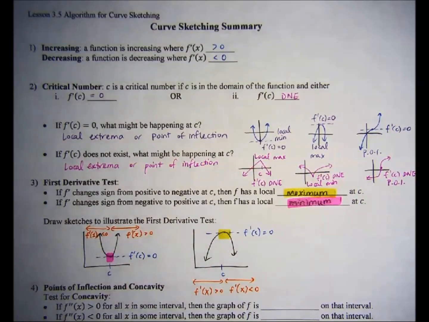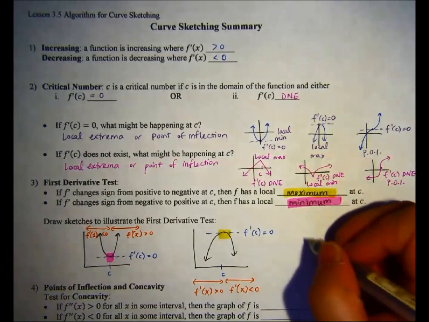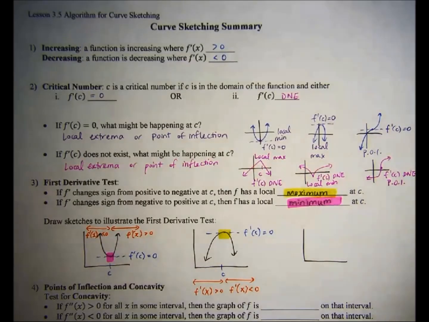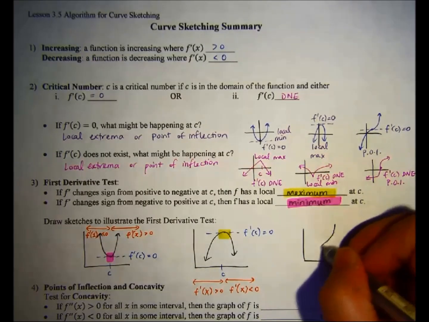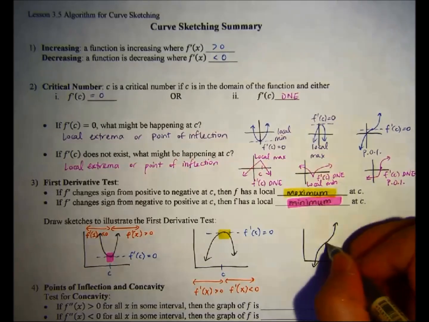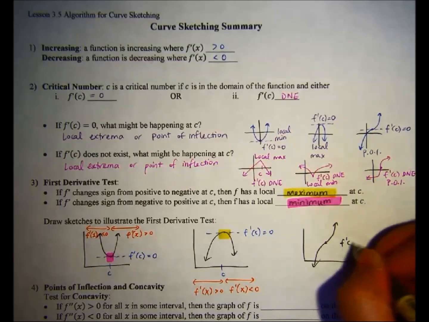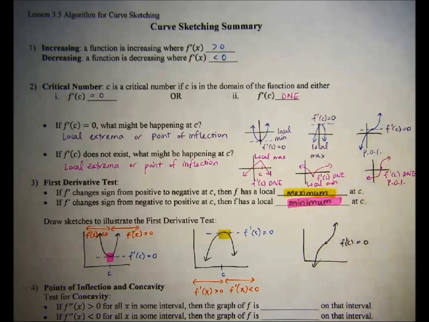And keep in mind, just because the first derivative is equal to 0, does not mean that you have a local max or min. So again, in this example, f prime of c equals 0, but the first derivative never changes signs.